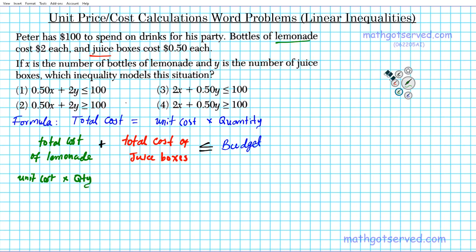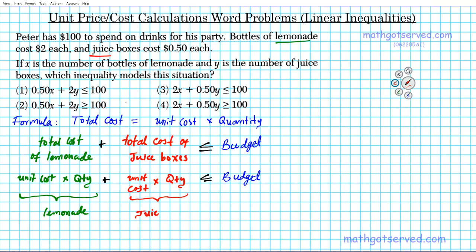And then on that you're going to add on the unit cost of juice boxes times the quantity of juice boxes. And that should be less than or equal to your budget. The green basically applies to lemonade total cost, and then the red section applies to the juice boxes.